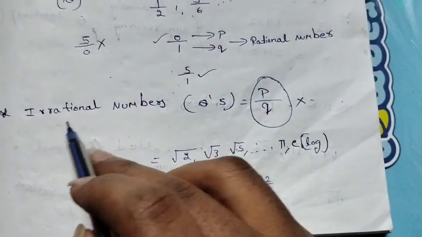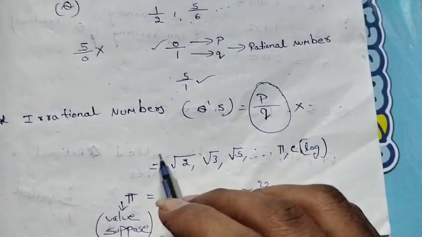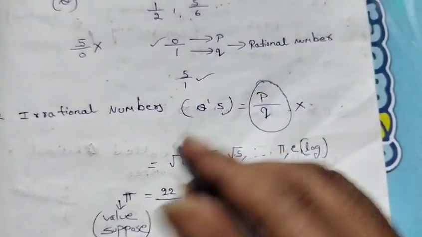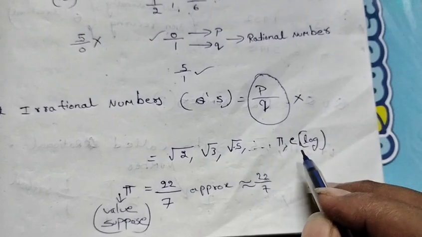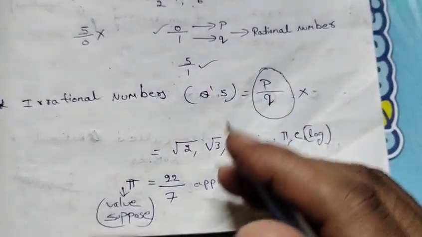So let's come to irrational numbers. What are called irrational numbers? Like root 2, root 3, root 5, pi, e, log. These are called irrational numbers.